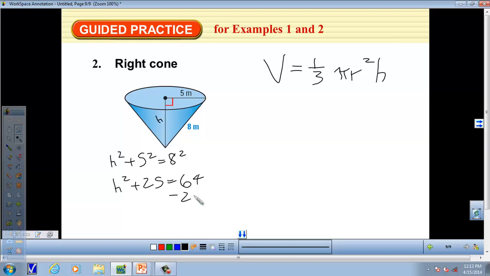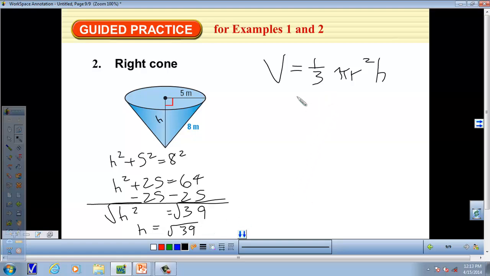We're going to subtract out 25. And we get h squared equals 39. So the square root of 39, I'm just going to go ahead and leave it like that for right now.